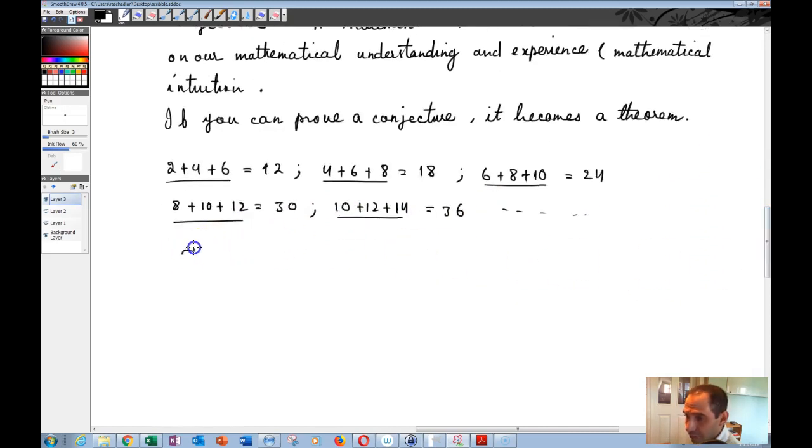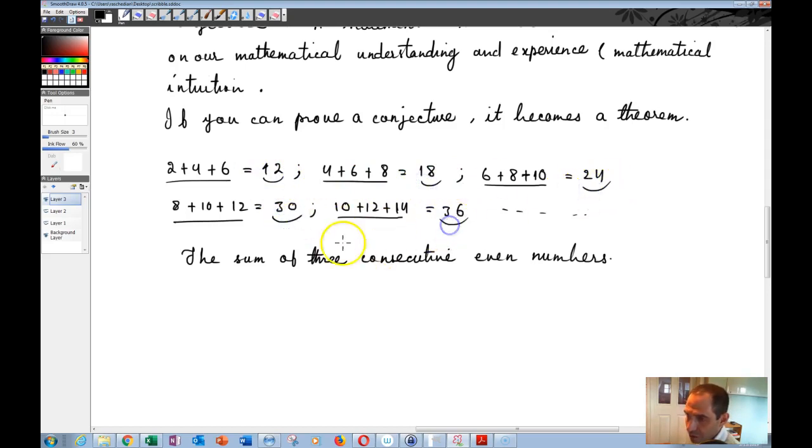This is the sum of 3 consecutive even numbers. The numbers that you see here are 12, 18, 24, 30, 36. First of all, you can see that all of these numbers are even. And second, all of these numbers are actually divisible by 6.